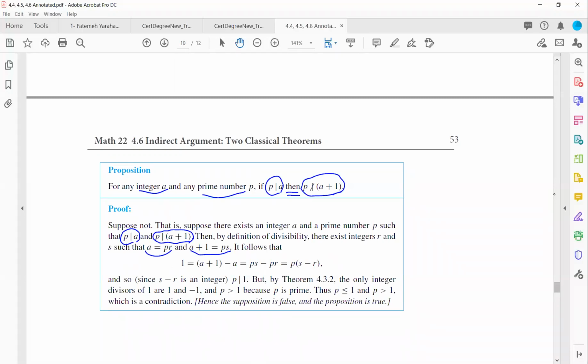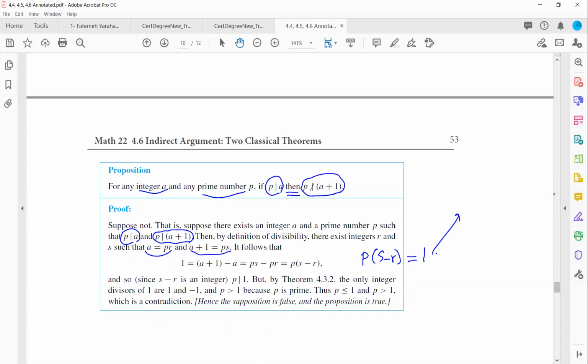Here you can subtract the left-hand side and right-hand side from each other. You get a plus 1 minus a, which is equal to 1, equals to p times s minus p times r, which is p times s minus r. So you have p times s minus r equals to 1. What's the meaning of that? It means that 1 is the product of p, a prime number, and s minus r.